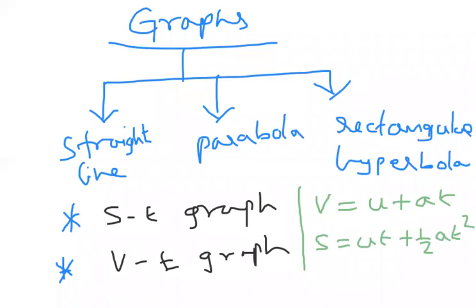I think you know these two equations, which we call the equations of motion. From those, I have selected these two. Keep these equations in mind, because while I am dealing with the displacement time graph, s means displacement, v means velocity, and t is time. So we are going to discuss displacement time graphs and velocity time graphs in this class.